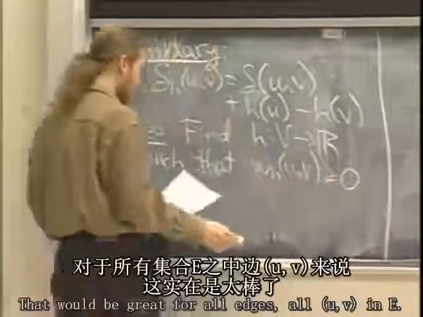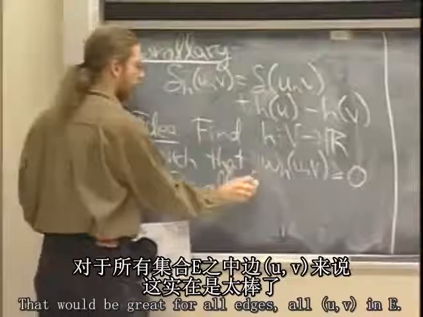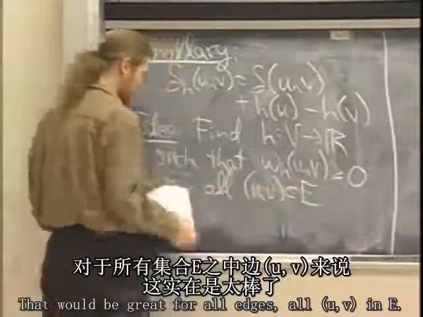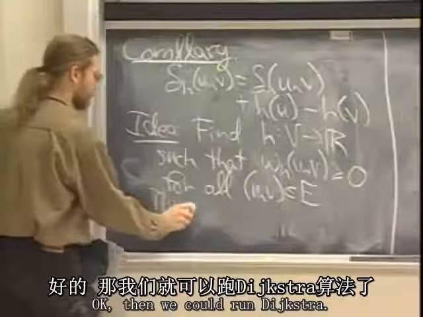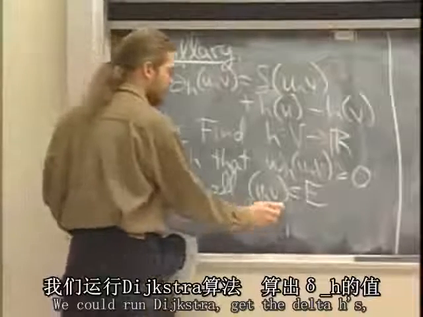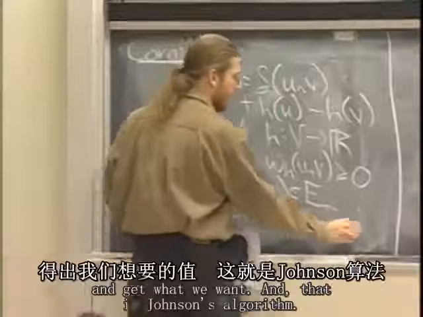That would be great, for all uv in E. Then we could run Dijkstra, get the delta h's, and then just undo the reweighting and get what we want.